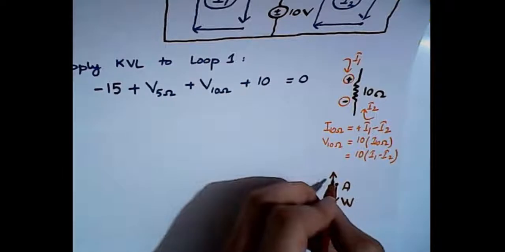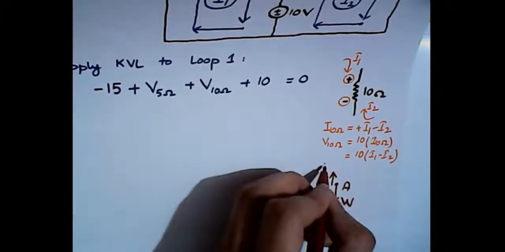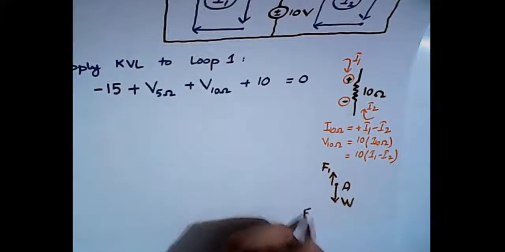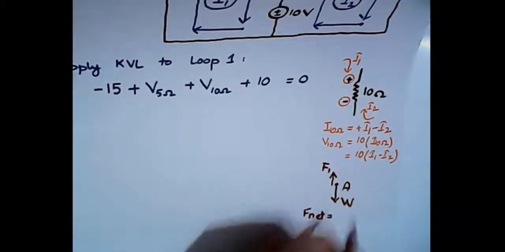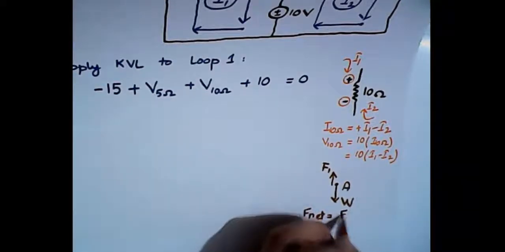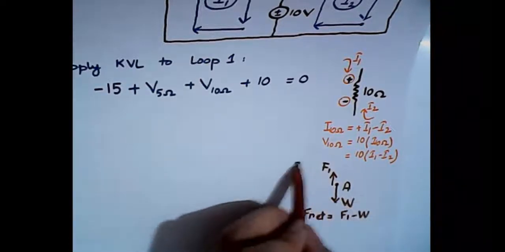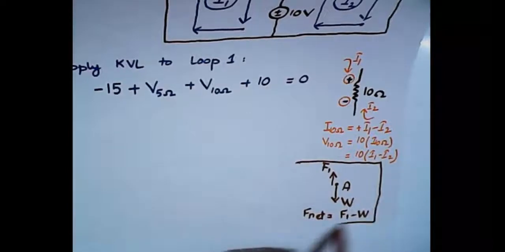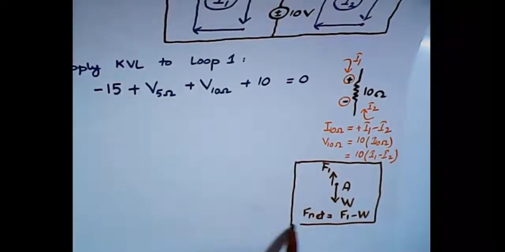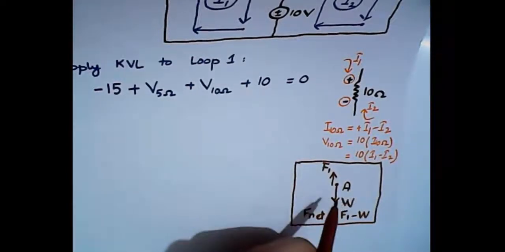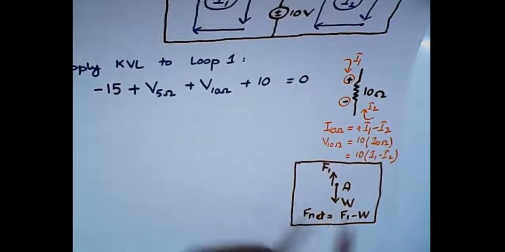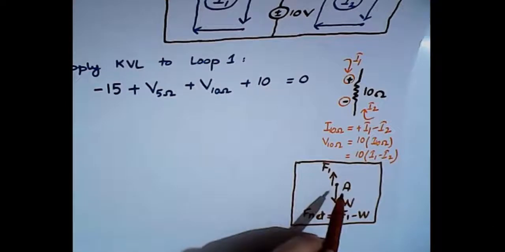So the net force is equal to the difference of F1 and weight, and it will determine the direction of movement of the particle. Why? Because these two forces are acting in opposite directions, so they will be subtracted, since they negate the effect of each other.